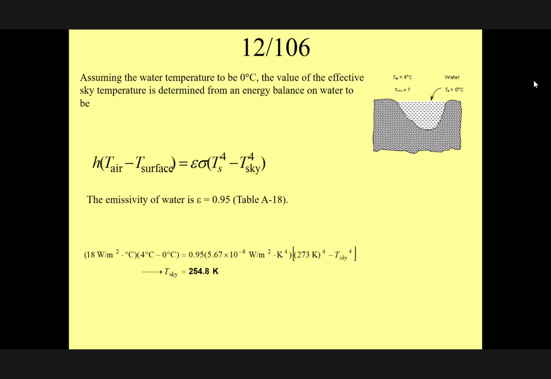But in the desert area, because of the low amount of humidity in the air and the clearness, the sky temperature is around 10, 20 degrees lower than the air temperature. Therefore, you're losing energy to the sky by radiation. Okay, yeah, that makes sense. Thanks. Sure.